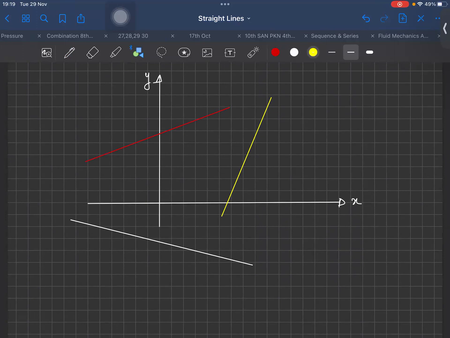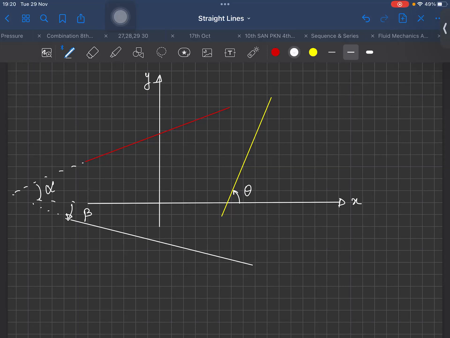Now you will observe one thing, that all lines will somehow intersect the x-axis, always somewhere around here. This angle, let's say alpha, beta, and let's say this one is theta. So how do we calculate the slope?